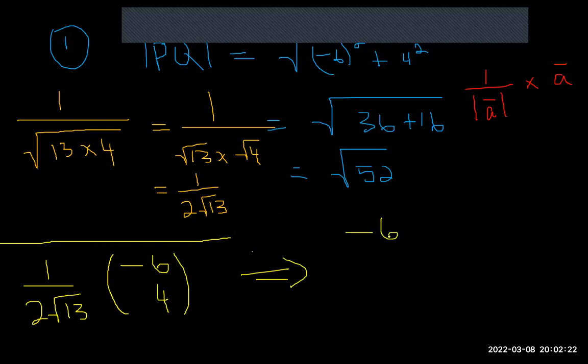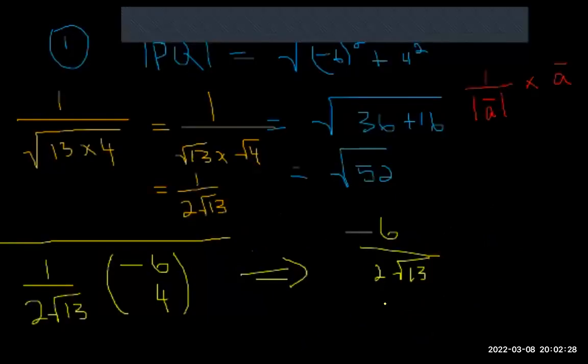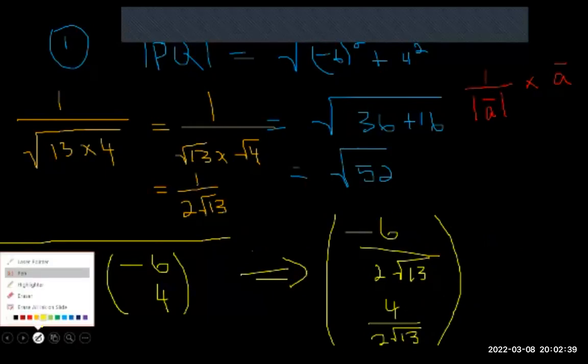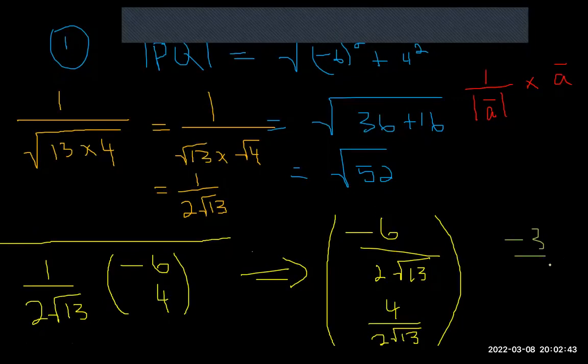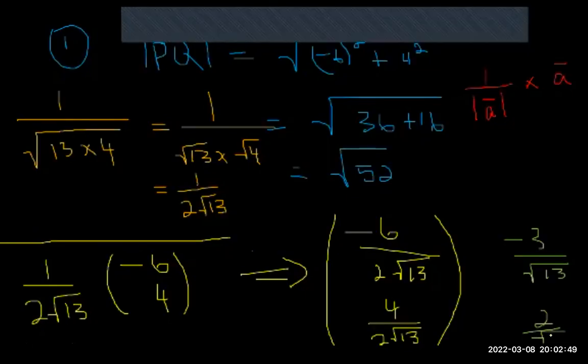This would become minus 6 on 2 root 13. And then below would be 4 on 2 root 13. But you don't just leave it like this, right? Because this could actually be simplified further to give me minus 3 on root 13 and 2 on root 13.